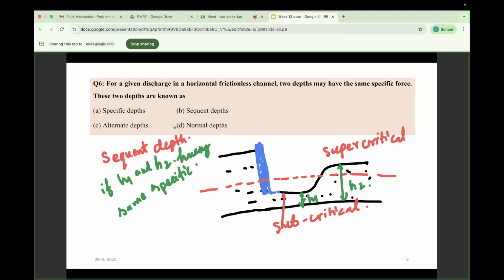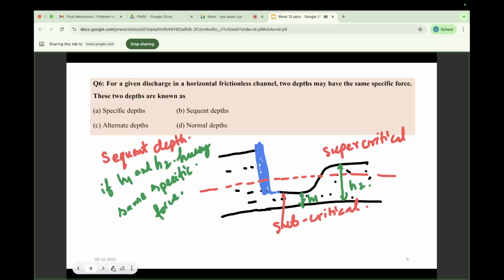If I take any two heights that are different, and I find that at these two heights the specific force is the same, so whatever the specific force at h1 and at h2, if both are equal, then this is known as sequent depth, right?